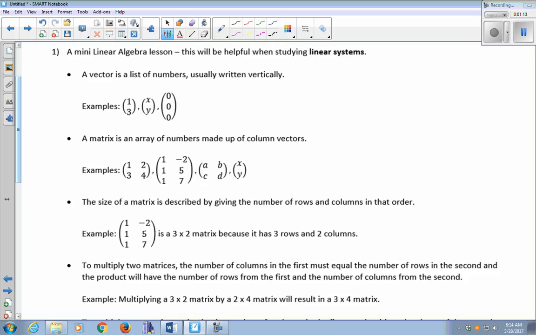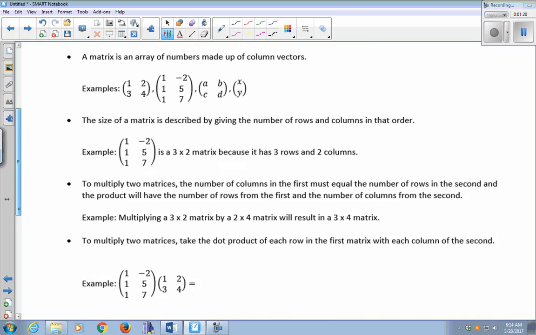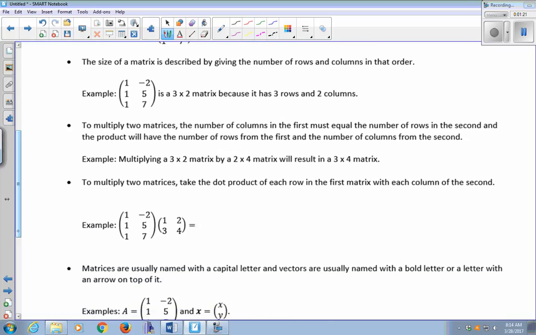A matrix is just an array of numbers made up of column vectors. And the size of a matrix is described by giving the number of rows and then the number of columns, in that order. So this matrix here, 1, 1, 1, negative 2, 5, 7, is a 3 by 2 matrix because there are 3 rows, 2 columns. So you would call that 3 by 2.